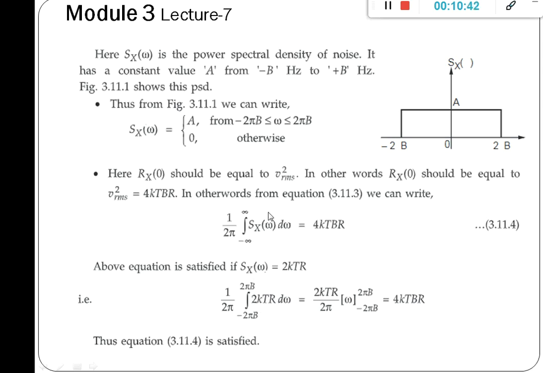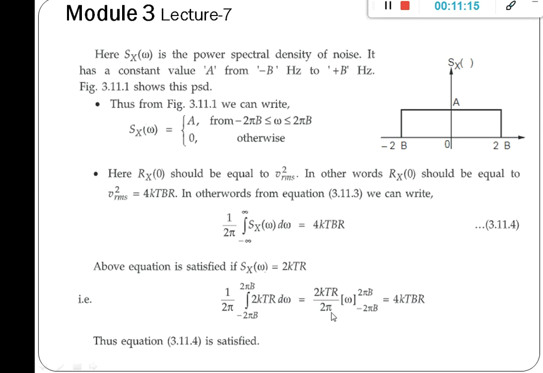So 1 divided by 2 pi times the integral, instead of minus infinity to plus infinity, because outside minus 2 pi B to plus 2 pi B it is 0, so no need to write it. We write it over this region, which is 2kTR d omega. Omega is the frequency factor which matters to the bandwidth B. The rest, 4, k, T and R, are constants here, and it has been integrated from minus 2 pi B to plus 2 pi B.